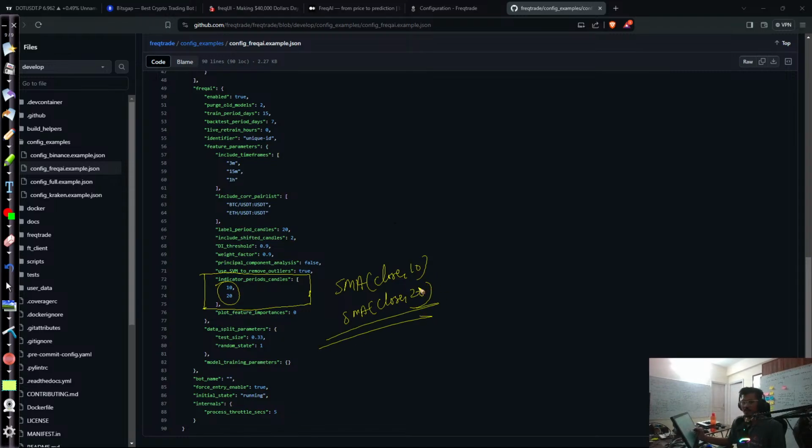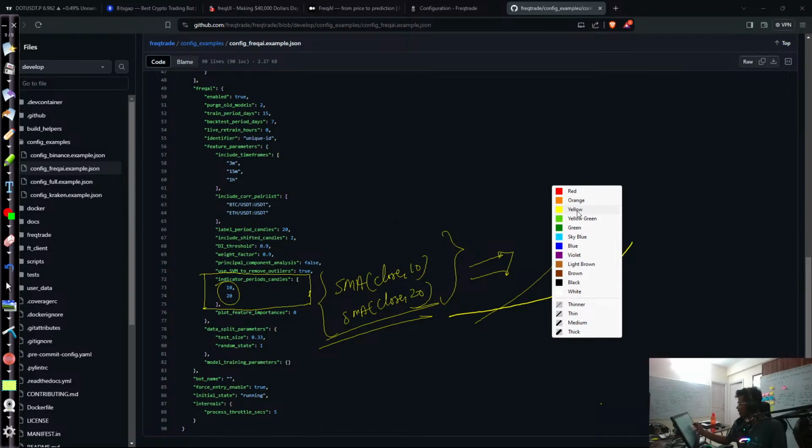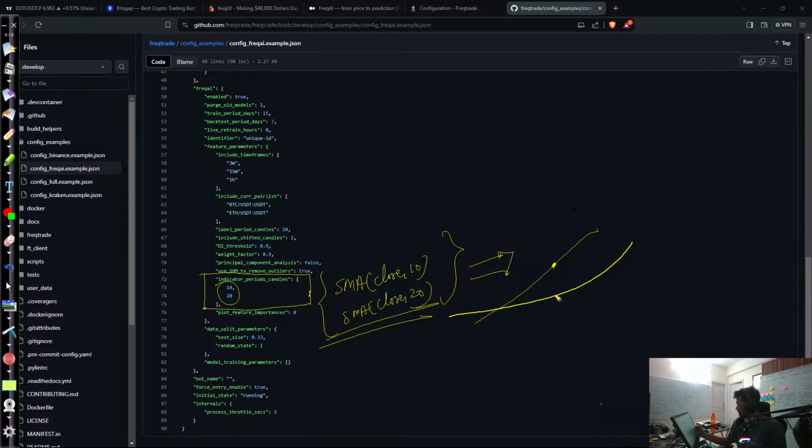Now what AI can learn from this is, if this is SMA 10 and this is SMA 20, then at a certain point there will be a difference between the values.